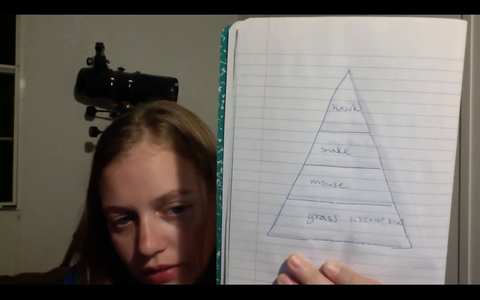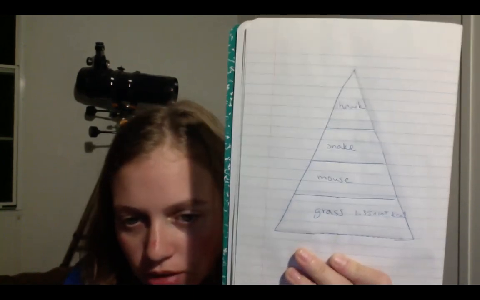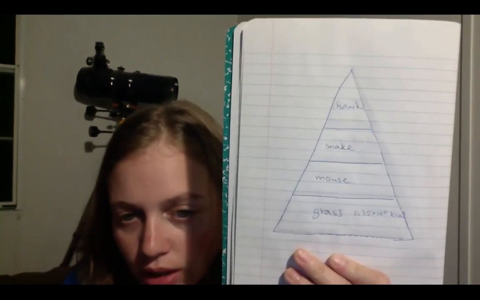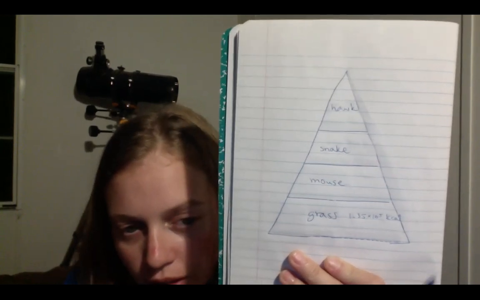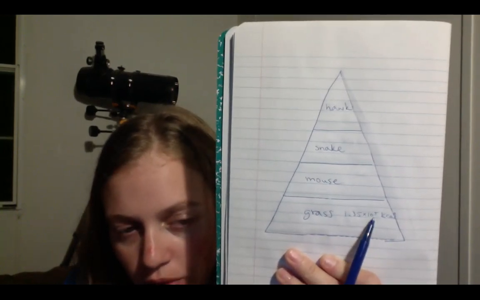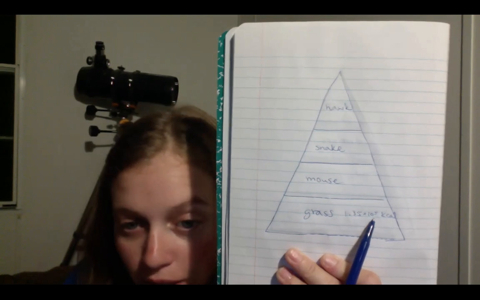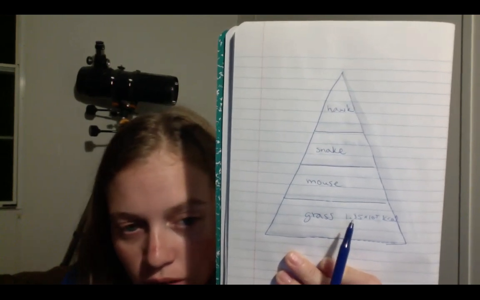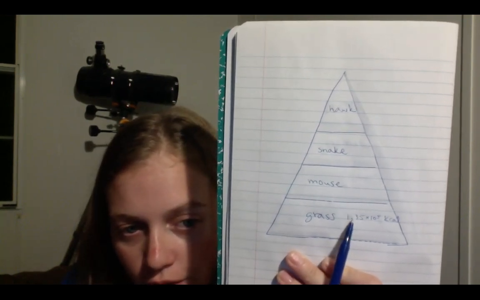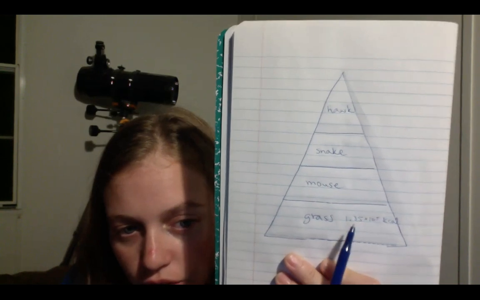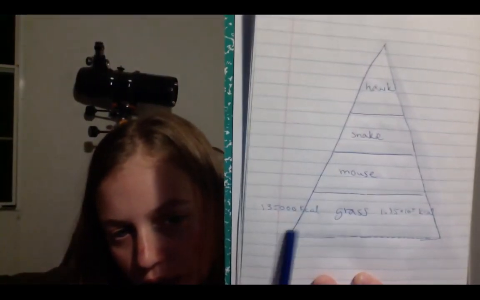Well, this is in scientific notation, and some of you might prefer this in standard notation. So let's go ahead and convert that number. Keep in mind, this is a positive exponent, so this number is going to get bigger. And that means we're going to move this decimal 5 places to the right in order to make this a bigger number. So we would have 135,000 kilocalories of energy available at this trophic level.